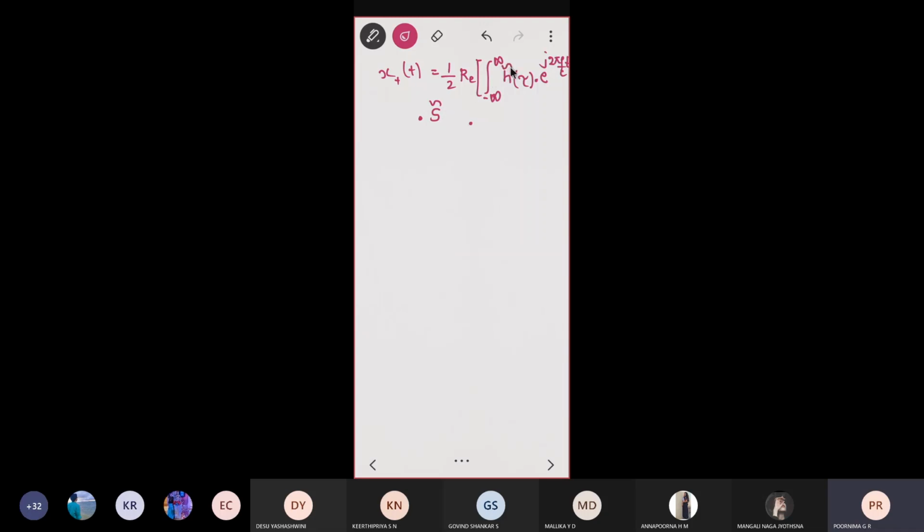So in terms of complex envelope and pre-envelope, we are representing the pre-envelope equation: s tilde of t minus tau into e to the power of j 2 pi fc into t minus tau, into d tau. If you have any doubt until this part, you can ask me.